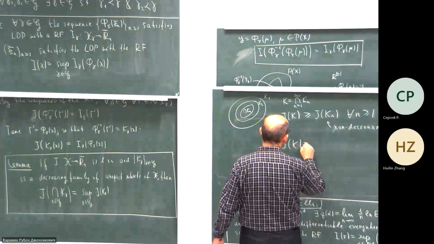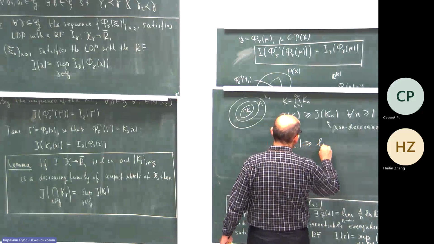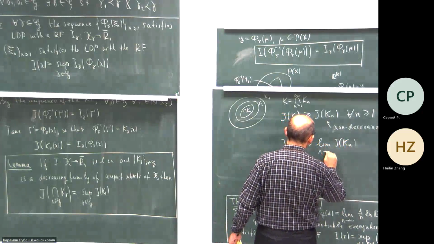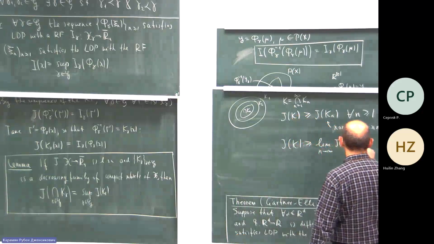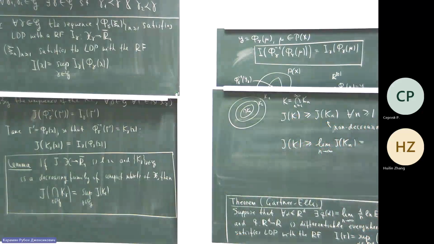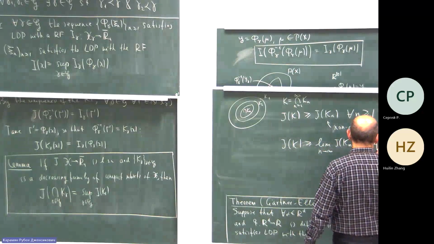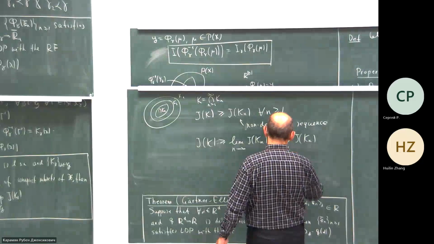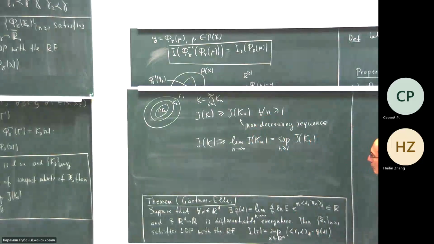J of K is greater than the limit of J of K_n as n goes to infinity, and because this is a non-decreasing sequence bounded above, the limit will be the supremum of J of K_n. The lemma says that, in fact, it is equal.